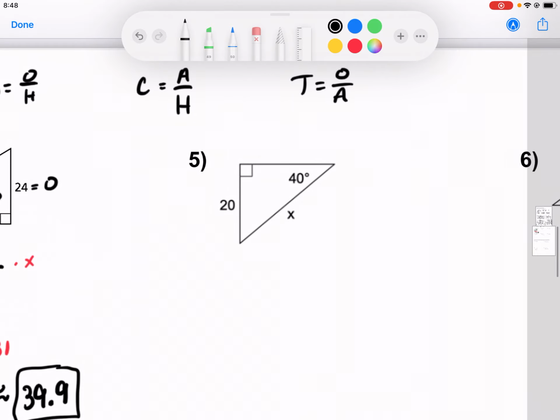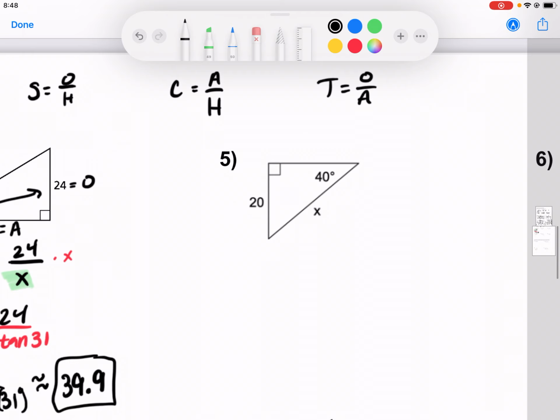Okay, let's go to our next one. Once again, we have to figure out which relationship we're using, sine, cosine, or tangent. We're basing it off of this angle, 40 degrees. So we have the opposite side and the hypotenuse, which means we're going to be using sine.